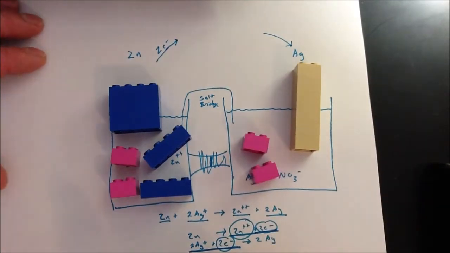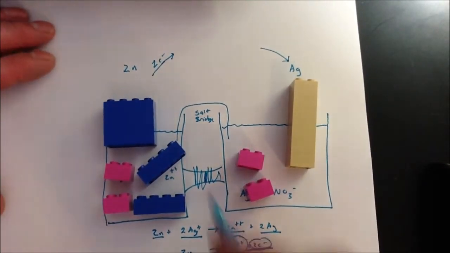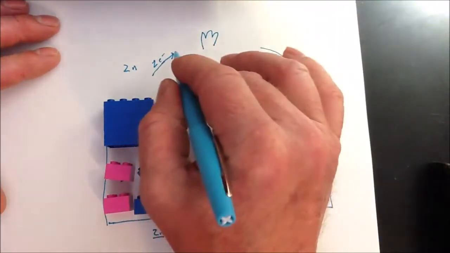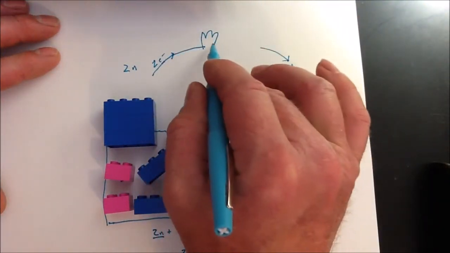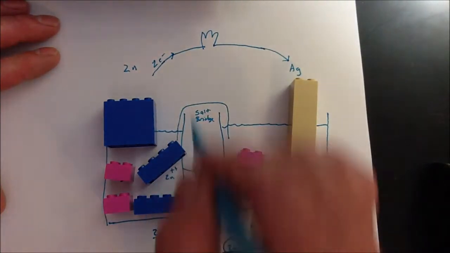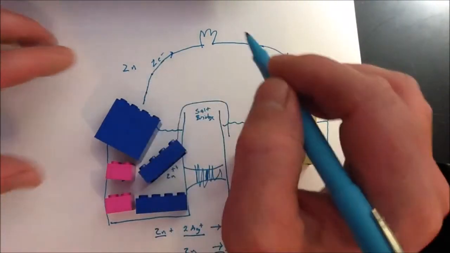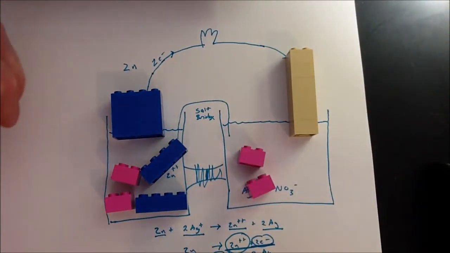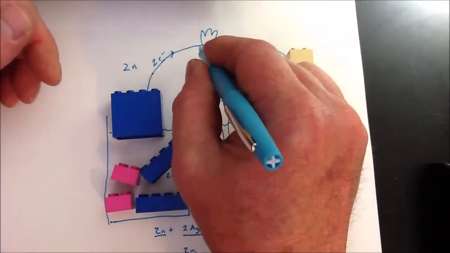And the way we're going to do that is we're going to connect these with a wire. And then maybe in between here we connect that wire perhaps to a light bulb. Or in a moment we'll connect it to a voltmeter. So we got the wire that's connected to this electrode, and it's connected over here to the silver electrode, and that's going to allow those electrons to flow through there.